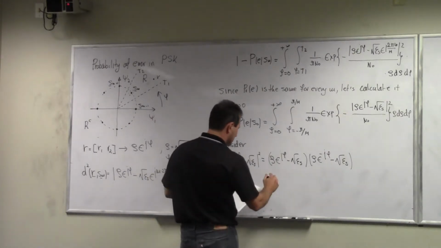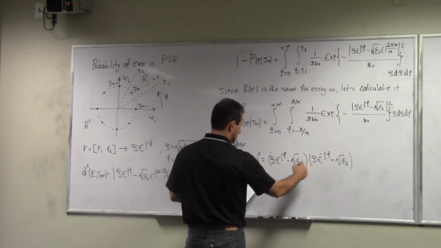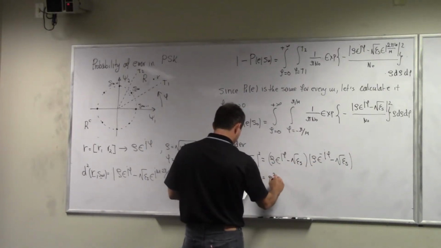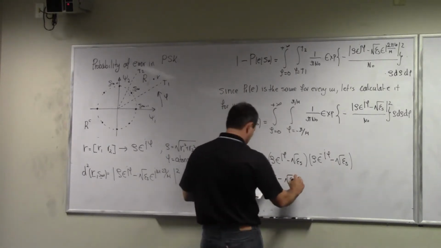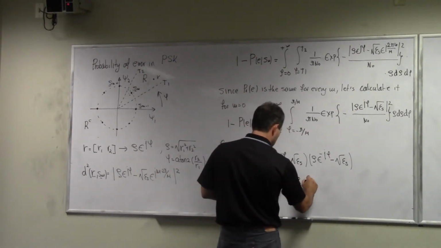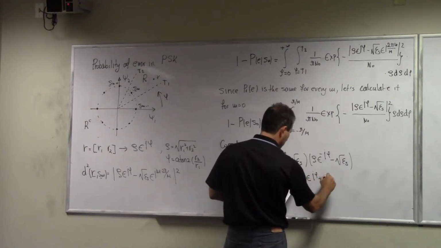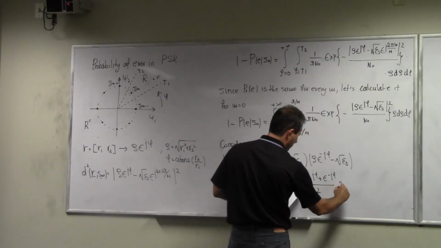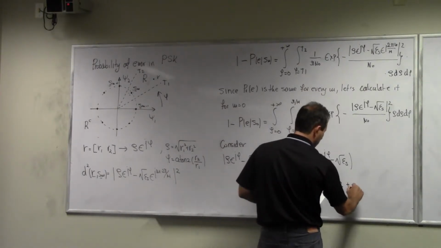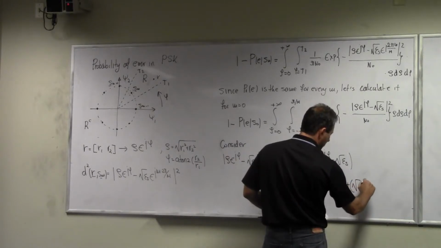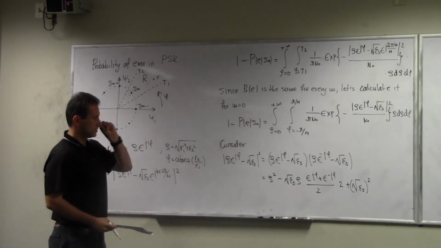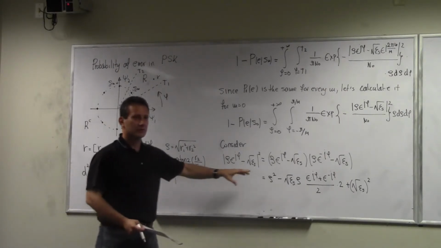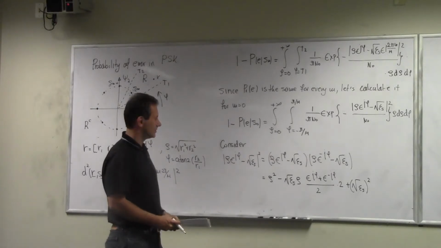But then if you take this one step further, this becomes rho squared minus square root of epsilon s times rho, times e to the j phi plus e to the minus j phi, divided by 2 and multiplied by 2, and then plus square root of epsilon s quantity squared. See how things surface. All of our good friends start showing up here, cosines and sines and so on.